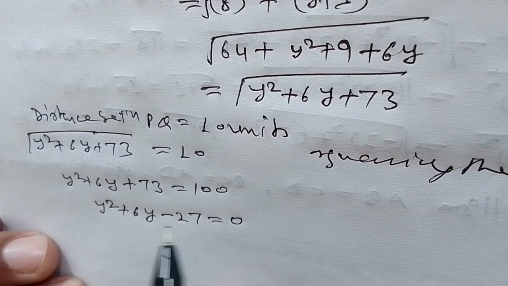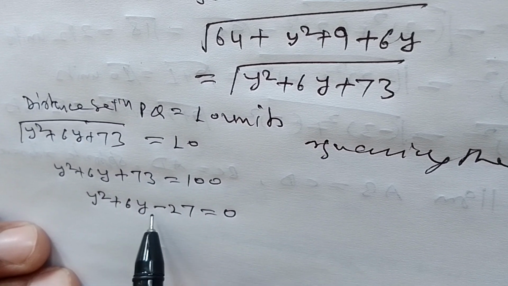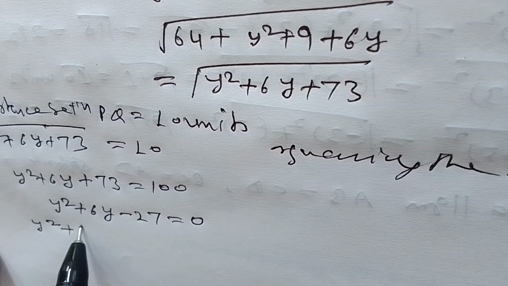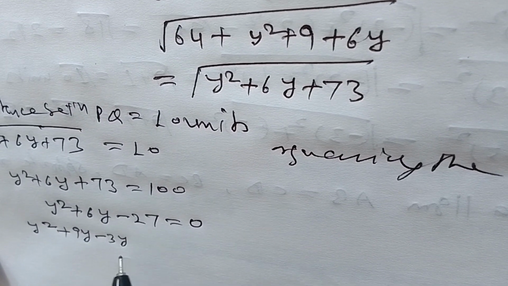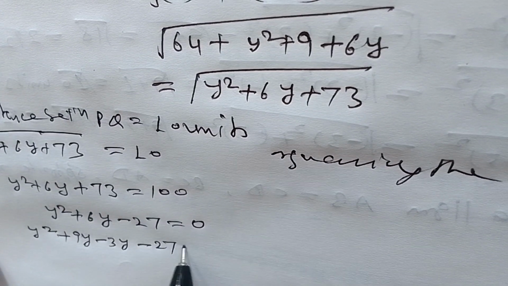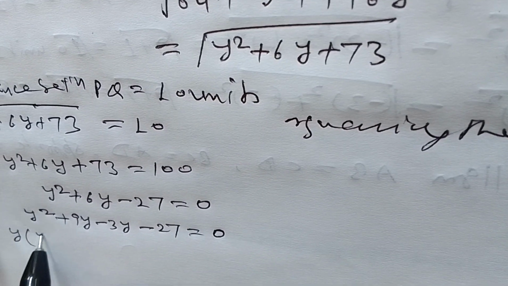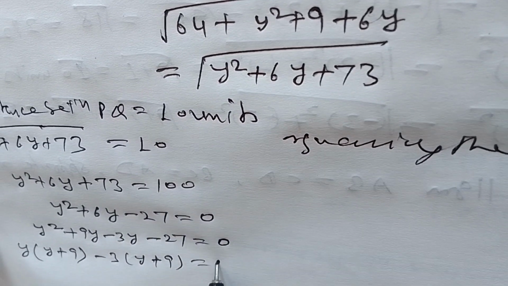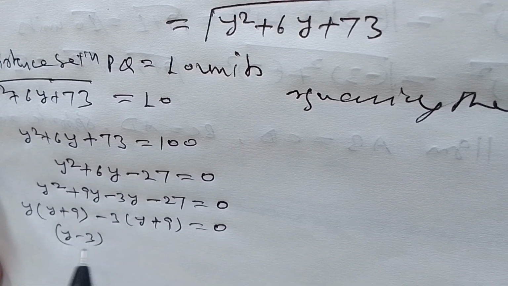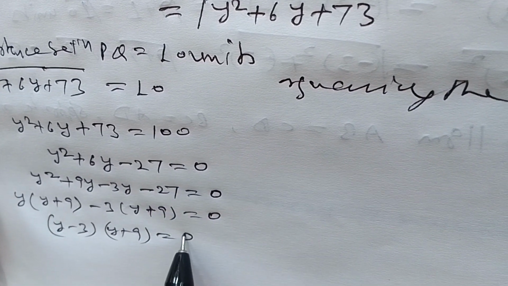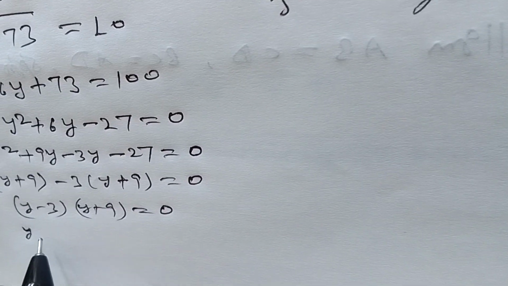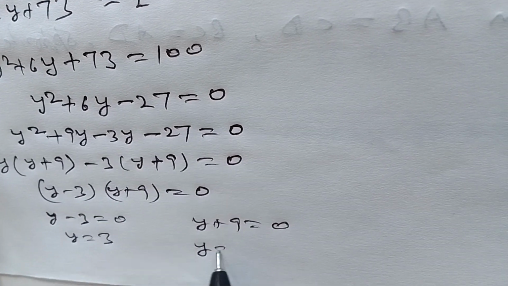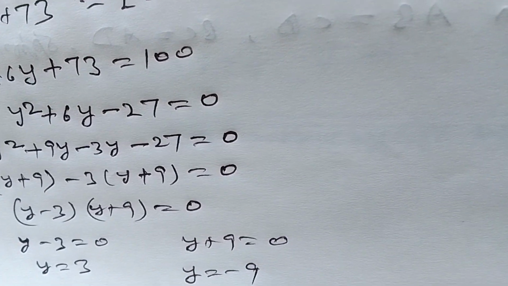We will split the middle term into two parts, that is y² + 9y − 3y − 27 = 0. So y(y + 9) − 3(y + 9) = 0. From this, y − 3 is one term and y + 9 is the second term, equating each to 0. So y − 3 = 0 and y + 9 = 0, and y comes out to be either 3 or −9.